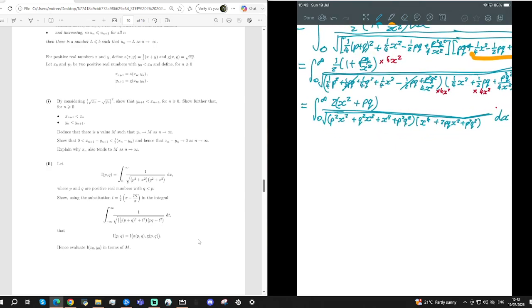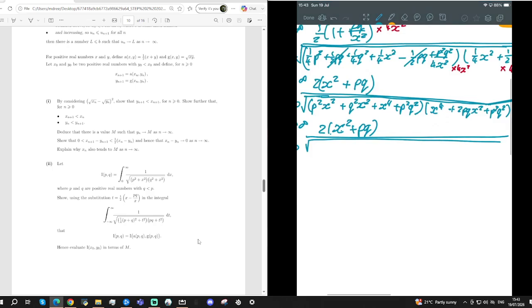I was hoping that these denominators would factorize really pleasantly. And now I'm getting more worried about that 2 as well. So square root of. Now that second bracket, I know I can factorize quite nicely. But the first? Oh, the first gives me x squared plus p squared times x squared plus q squared.